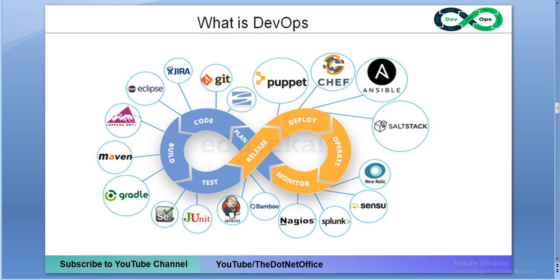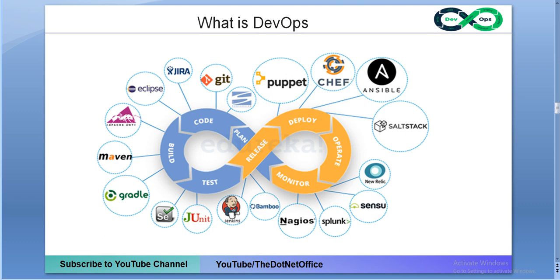In this diagram, we can see there are different stages, like test, building, code, plan, release, deployment, operate, monitor. So everything is going continuously. And for doing all those operations, there are different types of tools which we use to do this continuous operation.